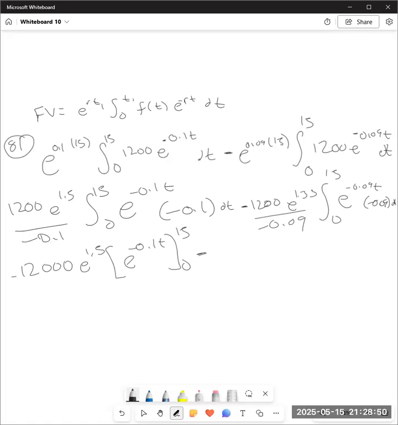1200 divided by negative 0.09. So that is plus, because this is minus a negative, 120000 over 9, this is divided by 3 is 4, and that's 3. e to the negative 0.09 t from 0 to 15.